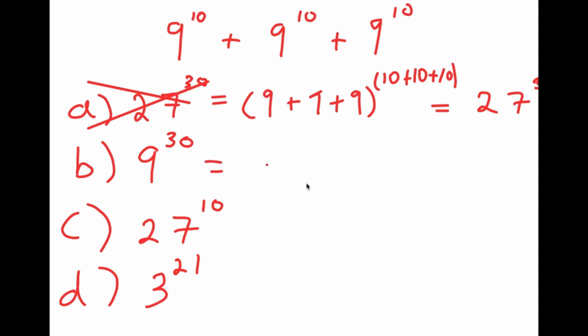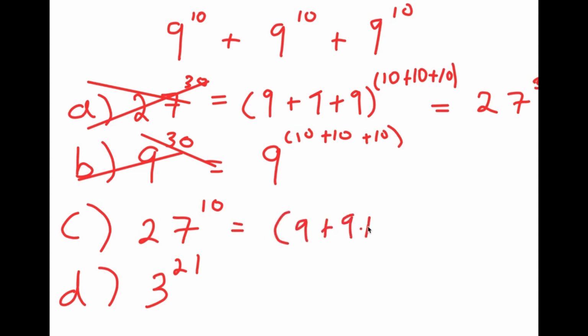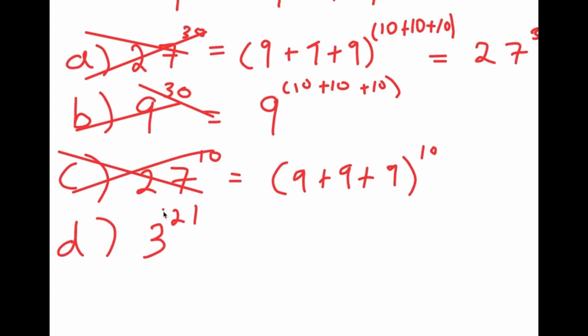Now B, 9^30, was likely gotten by keeping the base the same and then adding the exponents. And this again is wrong. Now we have 27^10, and this was gotten from adding the bases but keeping the exponent the same. And this again is wrong as well. That's not how you add exponents.